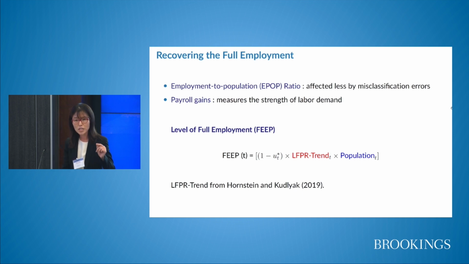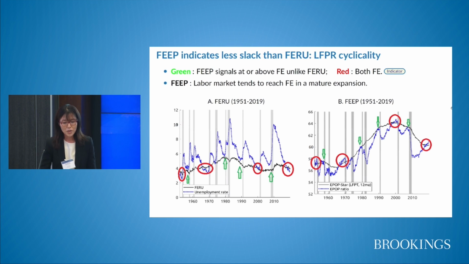Here the participation rate trend is from Hornstein and Kudlyak. If FEEP and U-Star disagree with each other, then the source is the participation rate cyclicality. Let's see how relevant that is in the assessment of full employment. And it turns out that it is. Panel A shows the unemployment rate and U-Star. The unemployment rate is the blue line and the black line is U-Star.